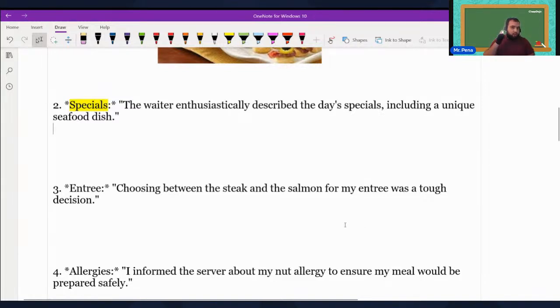Now, since you heard it, I'm going to read it again and give you a chance to say it. The waiter enthusiastically described the day's specials, including a unique seafood dish. Now you say it.